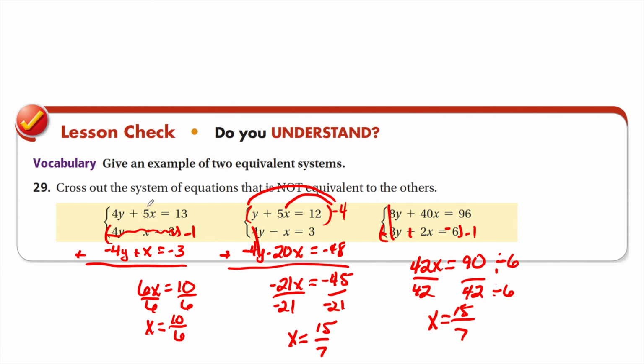I now know that the first portion is going to be the spot that is not going to be equivalent to the others.